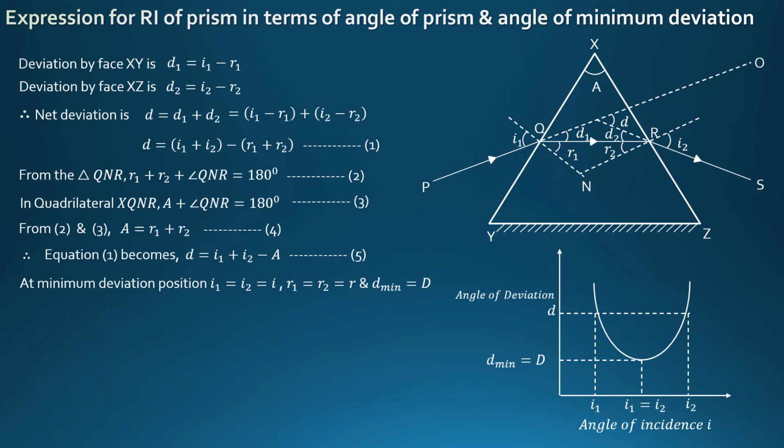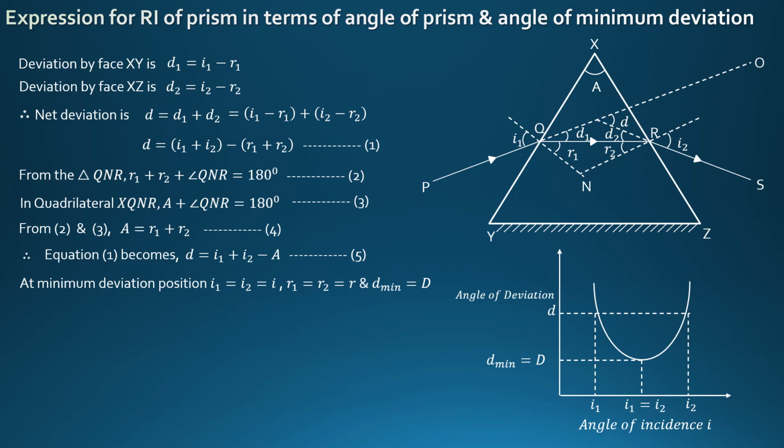Therefore, i1 equals i2 equals i, and r1 equals r2 equals r, and at minimum deviation, let small d be equal to capital D, the angle of minimum deviation.